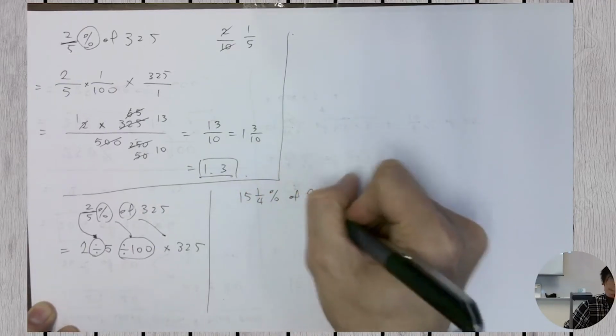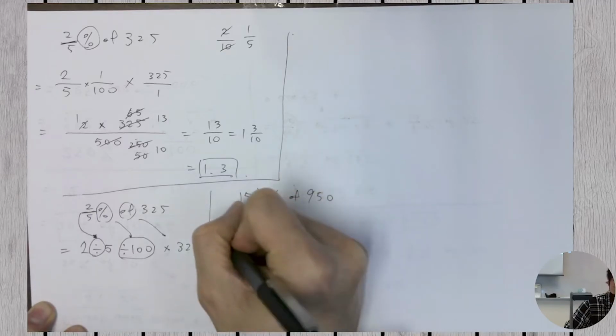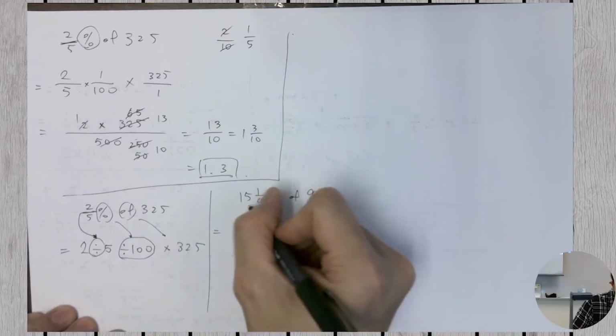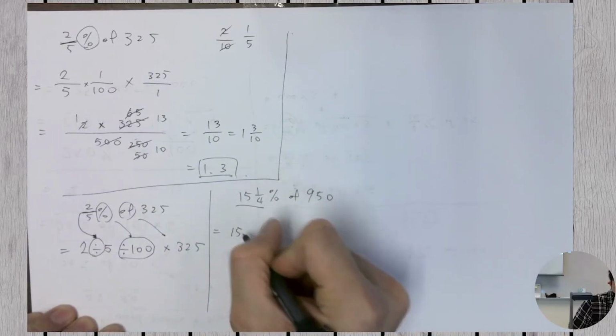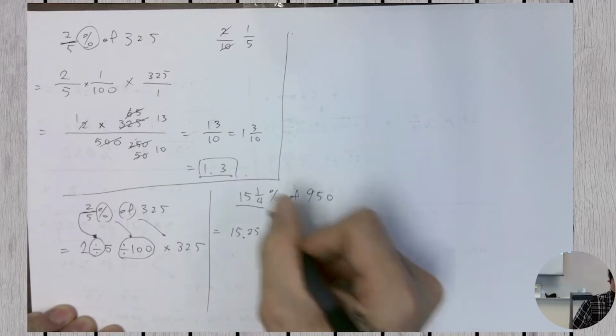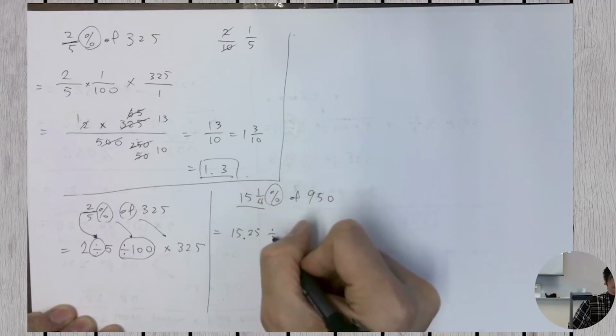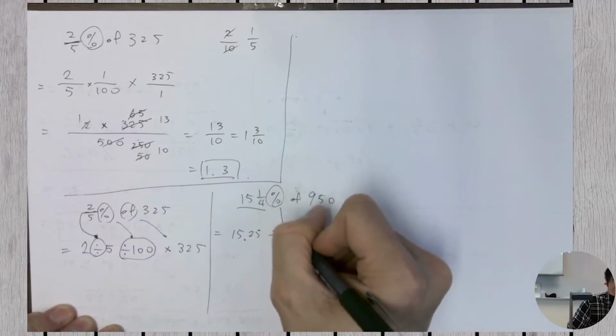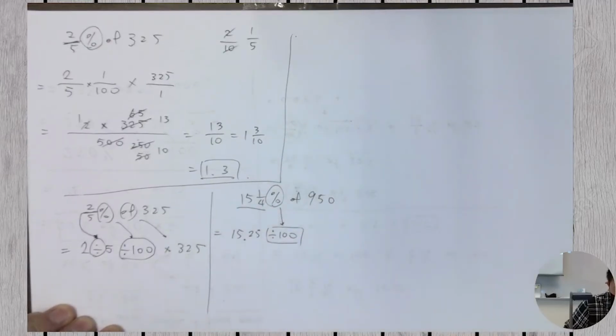So how about 15.25% of 950? In your calculator, you're going to turn this into what? 15.25, a quarter is 25. Percent means divide by 100.